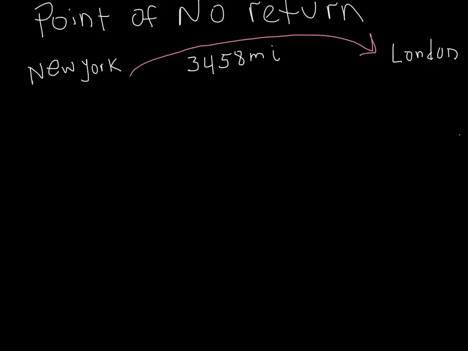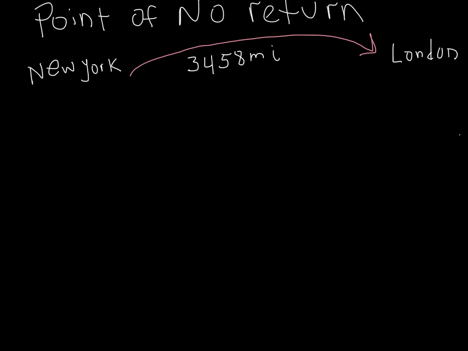Okay, so this problem deals with the point of no return. I'm going to read you the problem here, and then we will walk through how to set up and solve this problem. It says a plane is flying 3,458 miles from New York City to London. It has a 50-mile-per-hour tailwind.